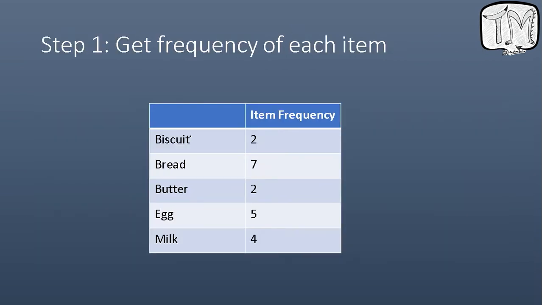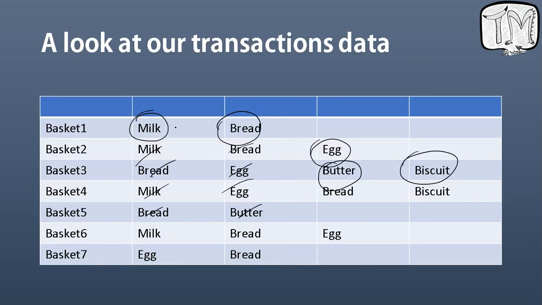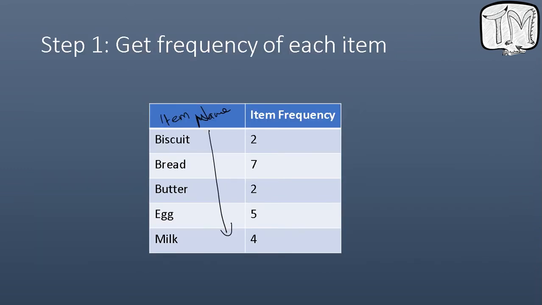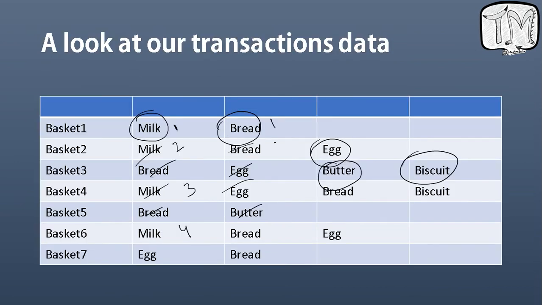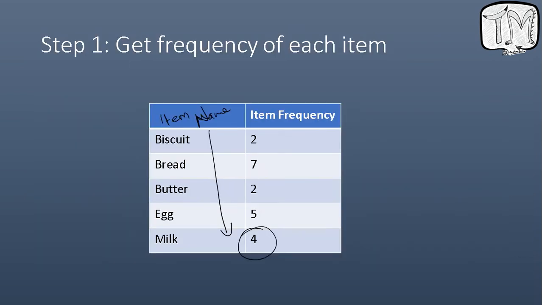So what we do is list down all the distinct item names, and then we also calculate their frequency, meaning milk 1, milk 2, milk 3, milk 4. Milk has appeared in 4 baskets, so we write 4 there. Similarly for bread, 1, 2, 3, 4, 5, 6, 7. Bread has been bought in all 7 baskets.